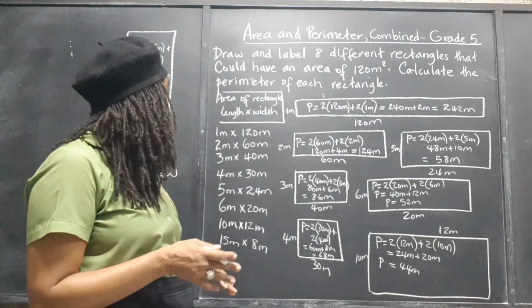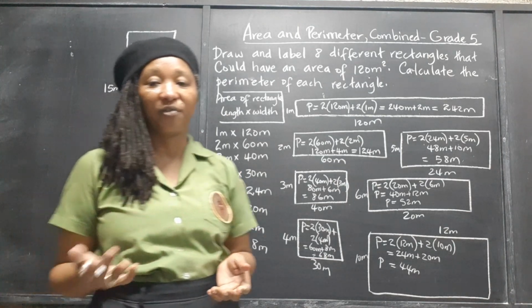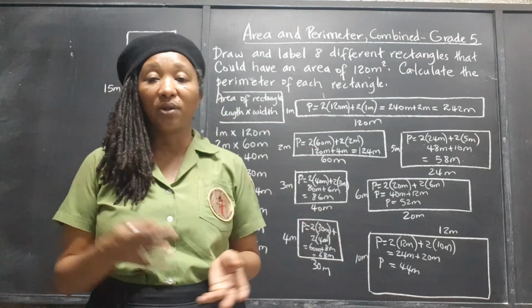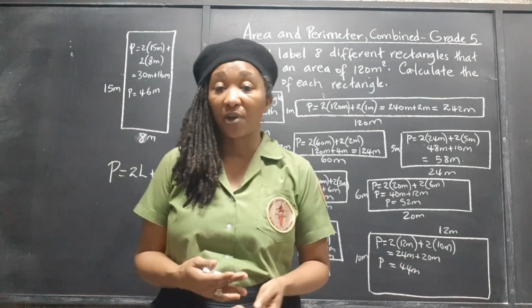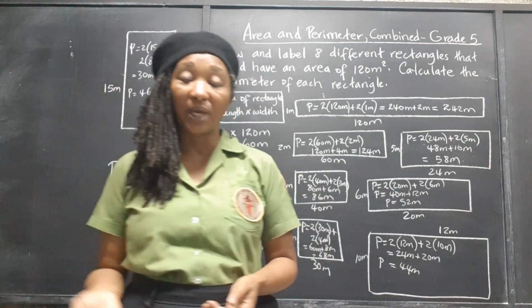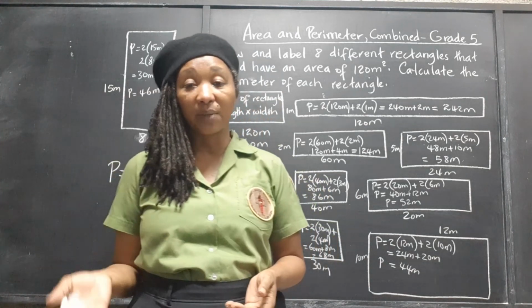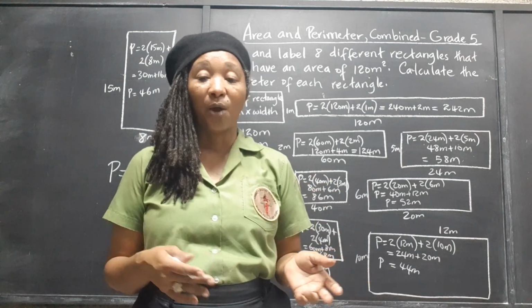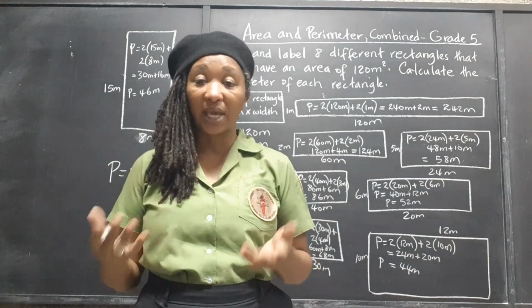So the first thing we did was we found what pairs of factors we can list that would multiply to give 120, because we know the area of a rectangle is the length times the width. So we're saying if we find pairs of factors, the biggest one could be the length, the shortest one could be the width. And we simply just need to make sure that when you multiply them, you get 120.